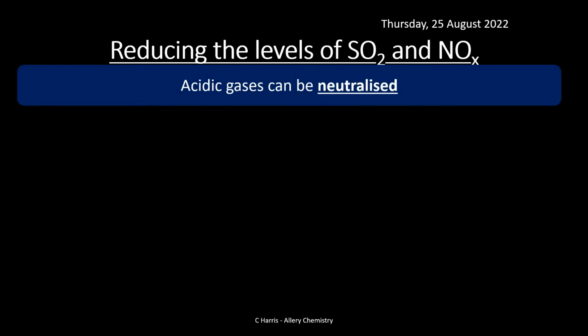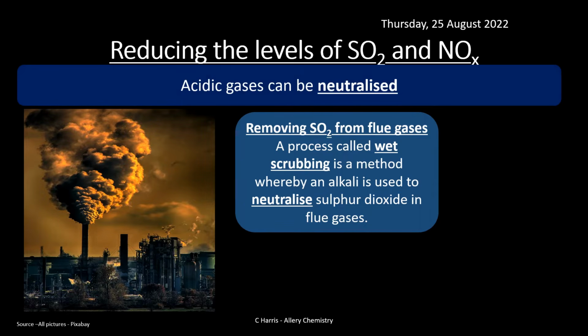So, ways in which we can reduce the levels of SO2 and NOx, or oxides of nitrogen. Normally, it's more prominent in manufacturing facilities where they may produce some of these harmful pollutants because they're burning fossil fuels. We use flue gas scrubbing, basically. So scrubbing is where we use wet scrubbing.